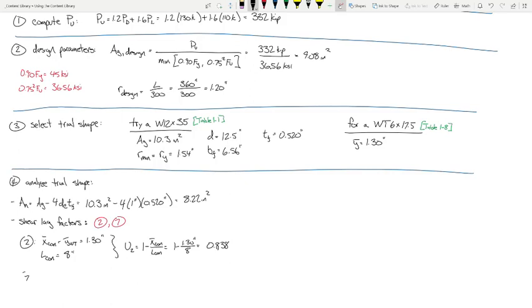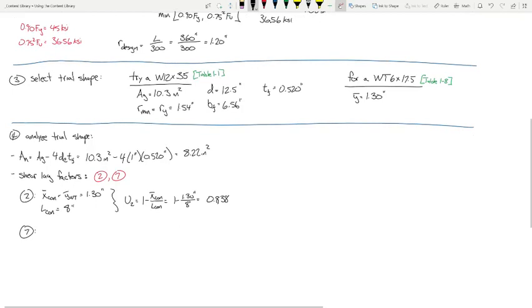All right. Now case 7. Does case 7 apply in this problem? What does case 7 say? It says W, M, S or HP shape, so we're good there. And it says with flange connected with 3 or more fasteners per line in the direction of loading. Do we have 3 fasteners per line in the direction of loading in this problem? Yes, we do. So this applies. And so how do we handle case 7?